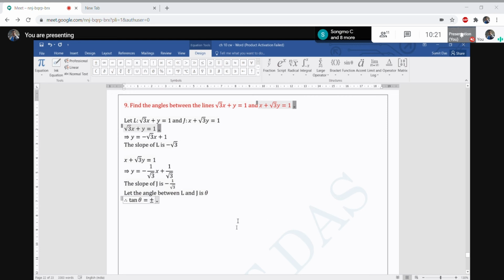What formula was there? Mod of m2 minus m1 divided by 1 plus m1 into m2. Here plus minus we will not use, we can just use the modulus sign.